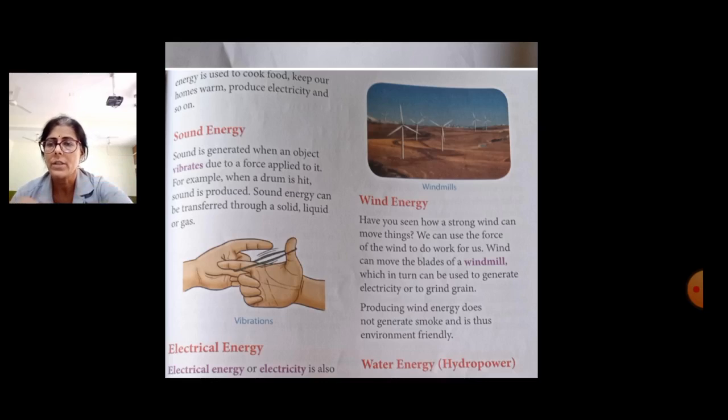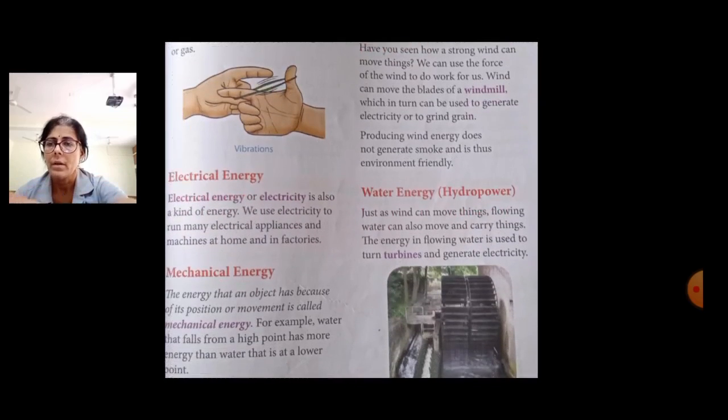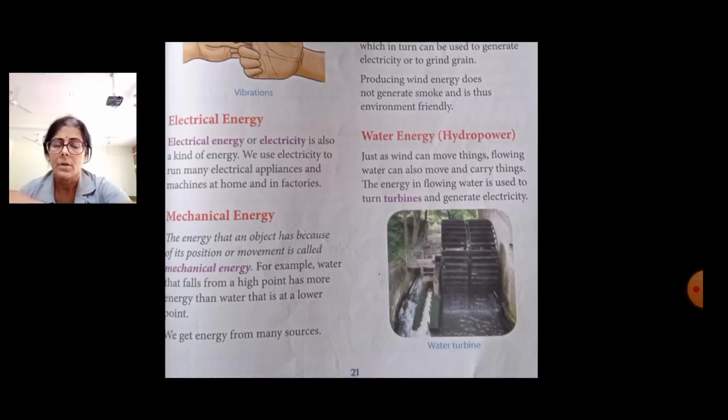Now water energy. Just as wind can move things, flowing water also can move things. For example, the energy in flowing water is used to turn the turbines to generate electricity.